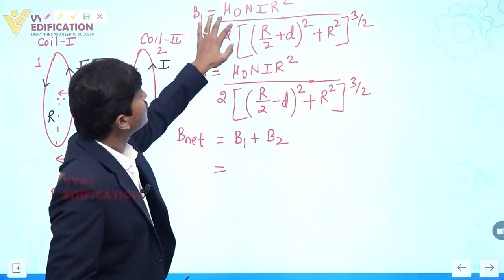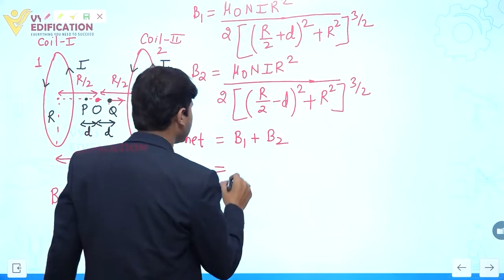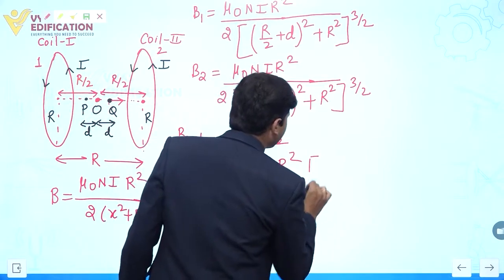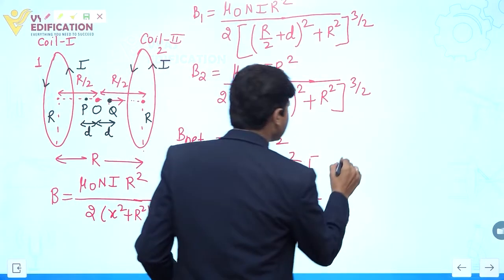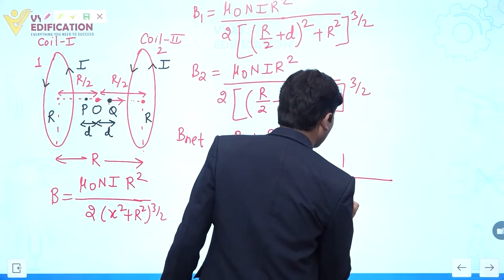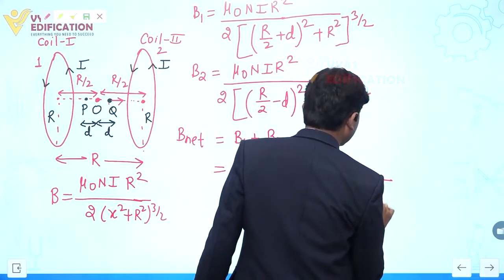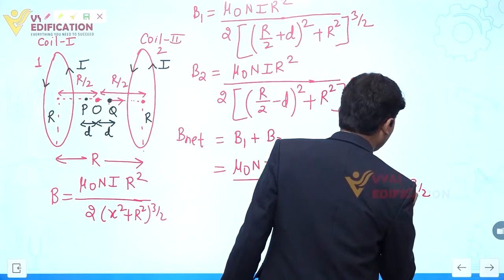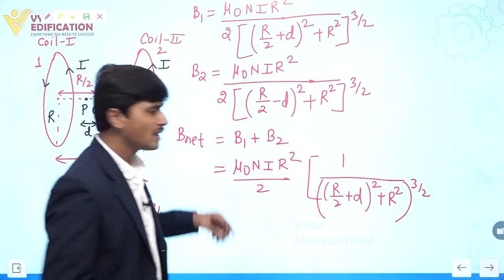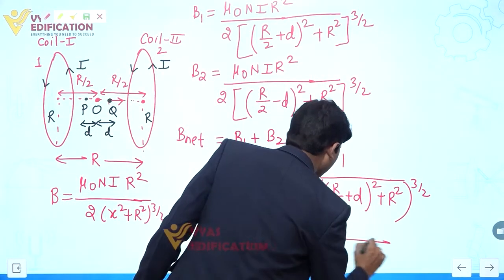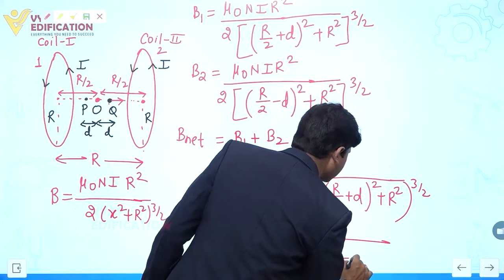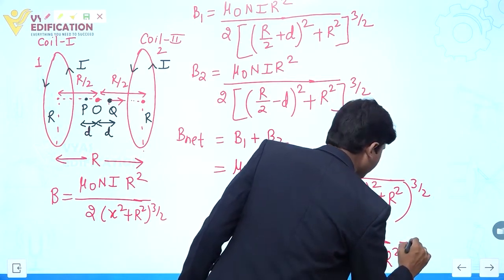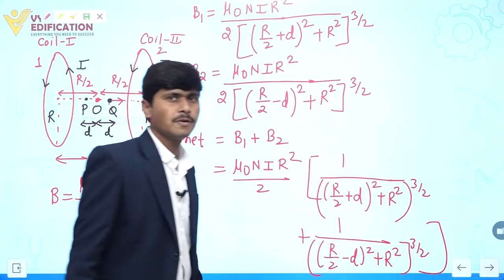Now B1 plus B2 is mu naught N i r square divided by 2, which is common. So I can write it like this: 1 upon (r by 2 plus d) whole square plus r square, power 3 by 2, plus 1 upon (r by 2 minus d) whole square plus r square, power 3 by 2.